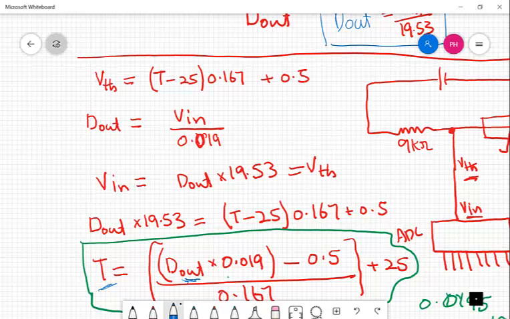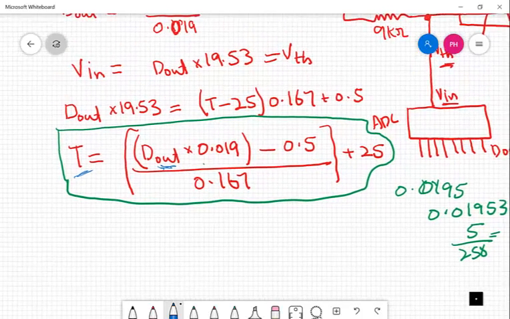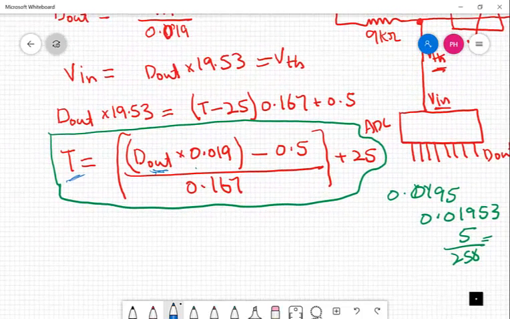We have VTH equal to (T minus 25) multiplied by 0.167 plus 0.5, and we also have D out equal to V in divided by 0.0195. We have rearranged these equations and finally come up with this equation: our temperature will be data out from the ADC, which we are feeding to the microcontroller, multiplied by 0.0195 minus 0.5, divided by 0.167, and to the whole we add 25. So this equation we will be finally using in our programming.